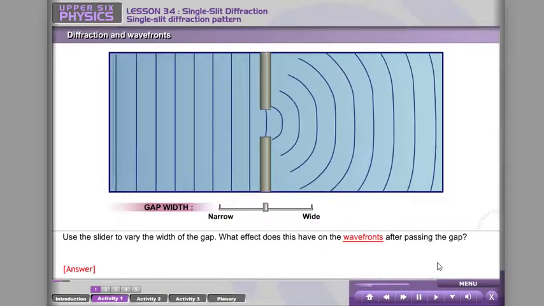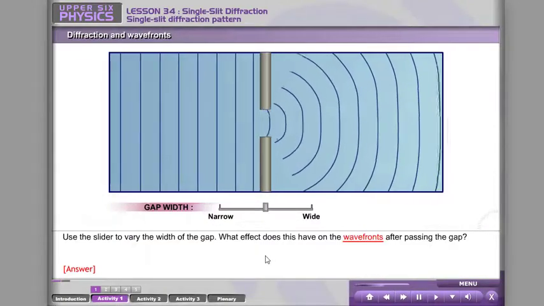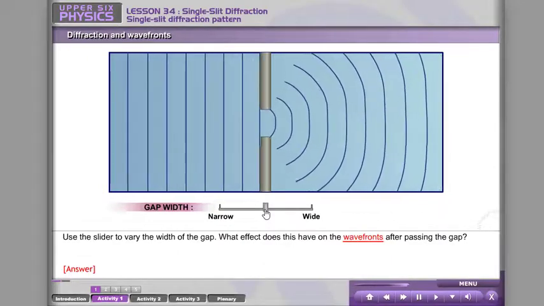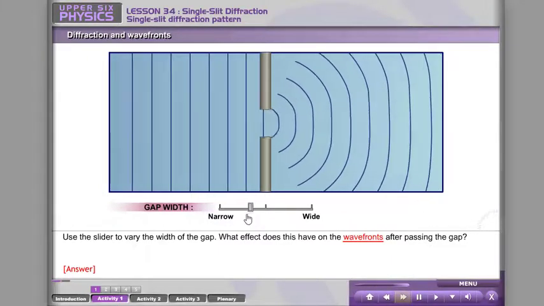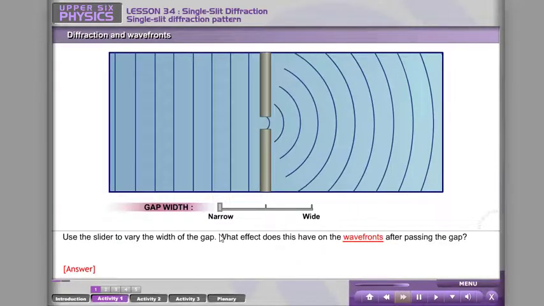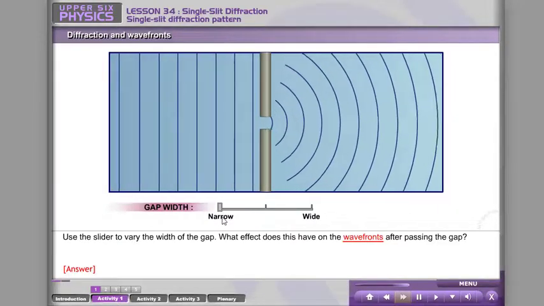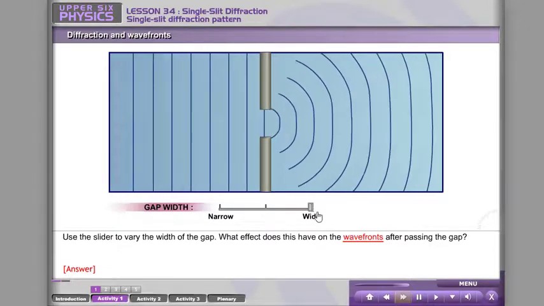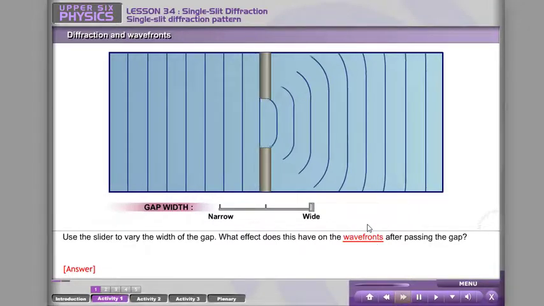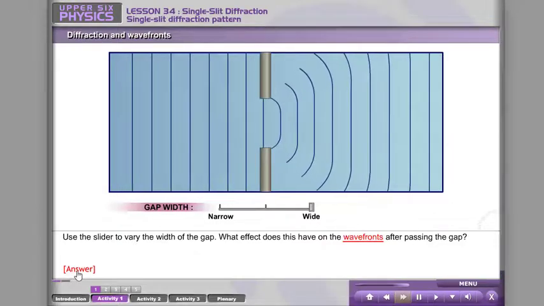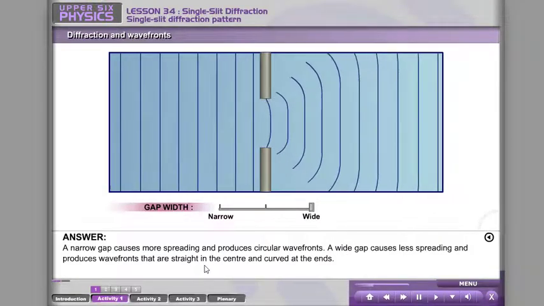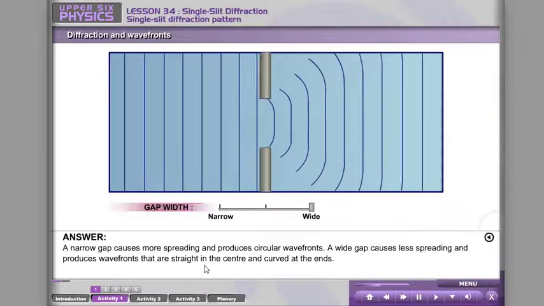Use the slider to vary the width of the gap. What effect does this have on the wavefronts after passing the gap? Answer: a narrow gap causes more spreading and produces circular wavefronts.